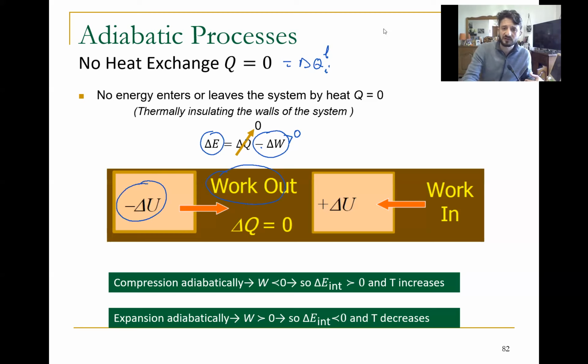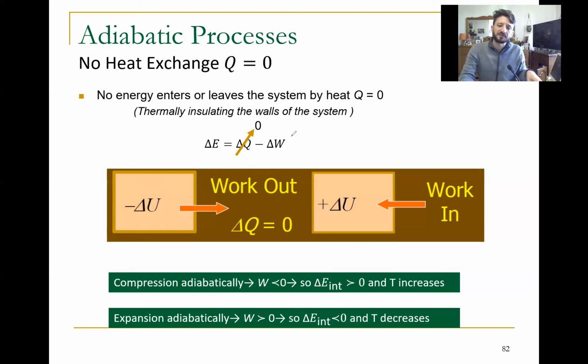And the opposite. If I decrease the volume, omega must be negative. We have a negative, I get a positive value of delta E, of delta U. So we have an opposite sign between delta U and omega in the case of adiabatic process.